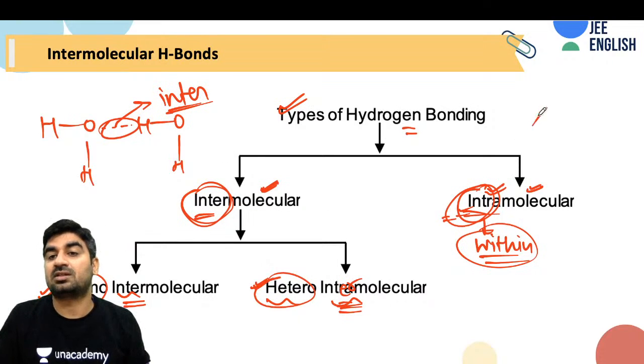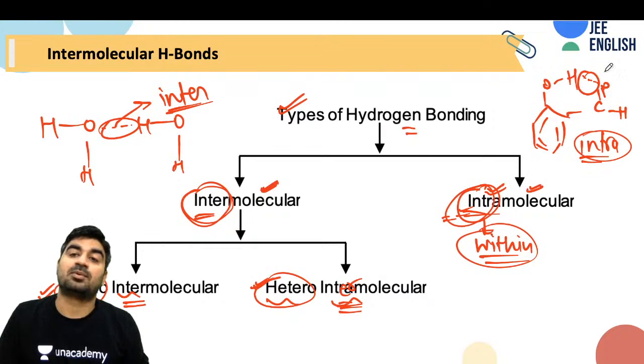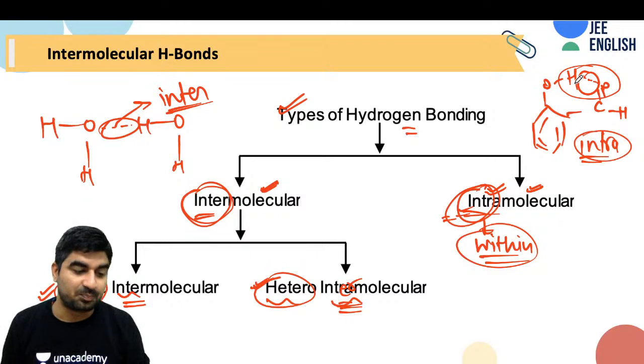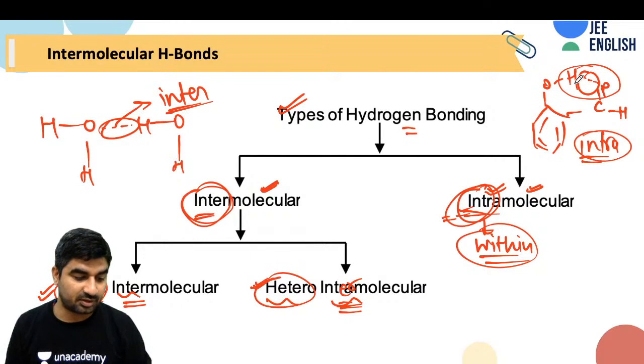And if it is within the same molecule, suppose like this, then I will call it intra. Now you know the reason, because hydrogen bonding is taking place within the same molecule. No second molecule is involved in it. Got it?